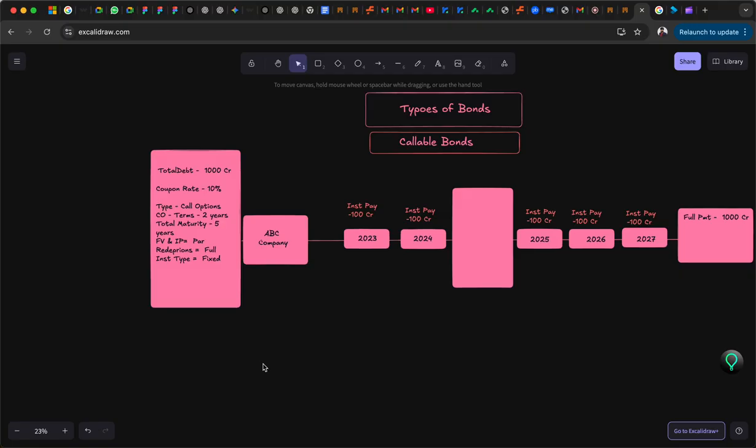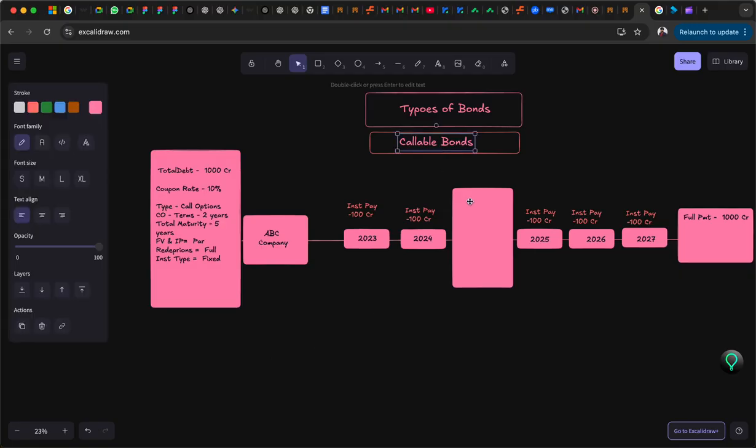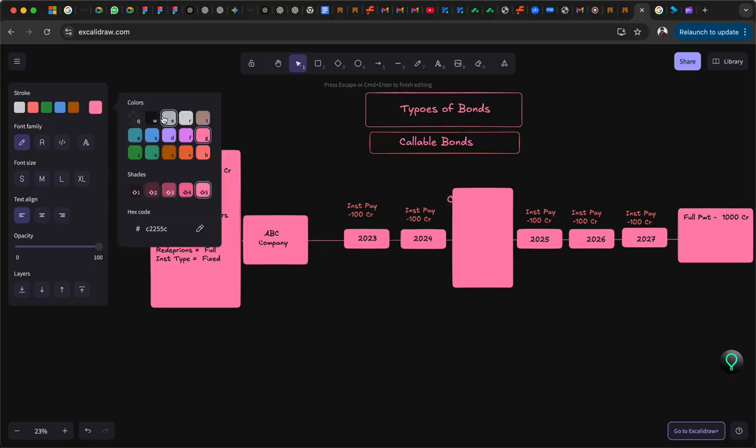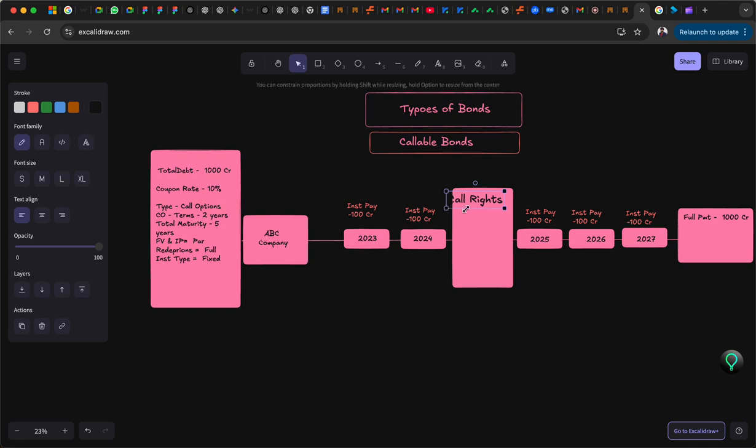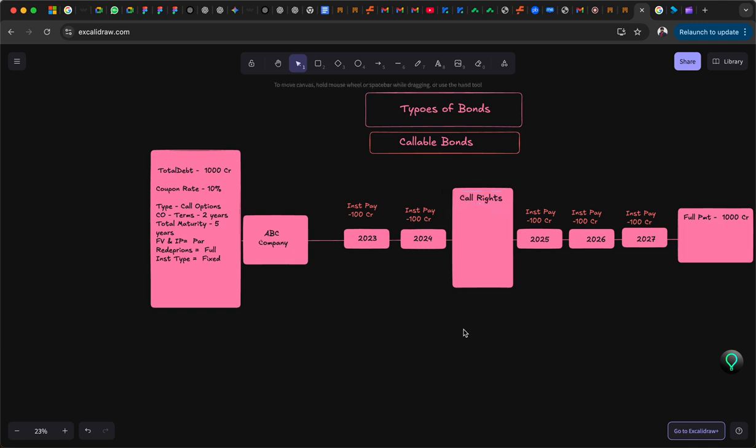Let's say as per the bond schedule, you are holding the call rights, so that the company may exercise them on the basis of market situation, right?